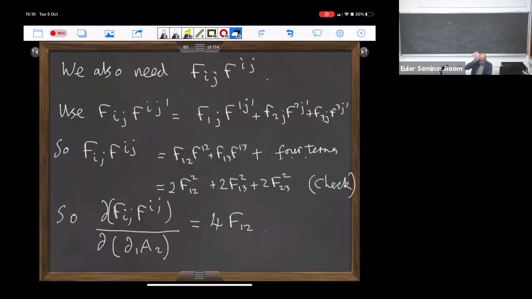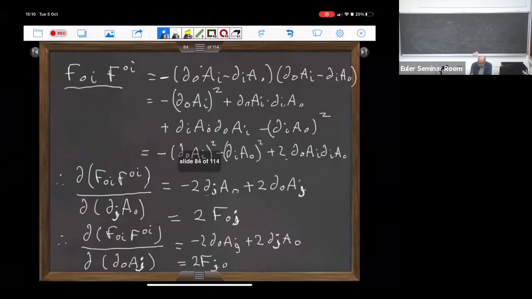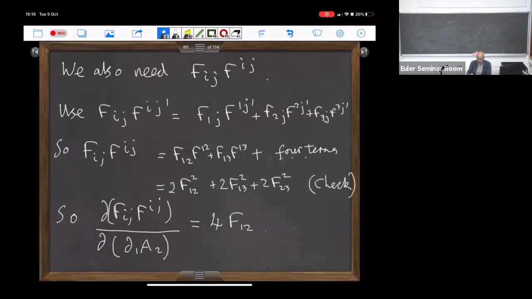We also need the other terms, which is Fij squared, remember. We just looked at the first term at the bottom, and we now want to look at the second term. Let's work that out carefully as well. We'll do that by first summing over i and not over j. If I do that, I'll get 3 terms: F1j lower, F1j prime upper, plus the corresponding 2 terms for when i is equal to 2 and 3.